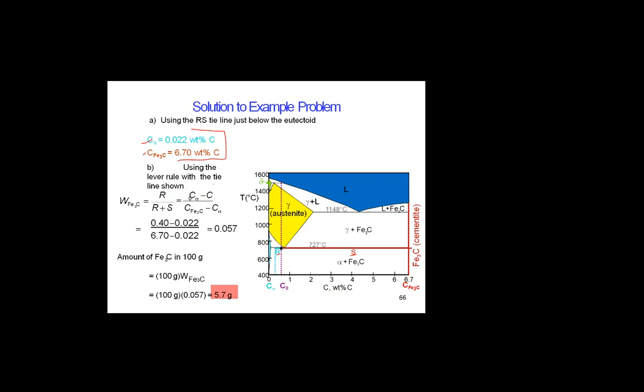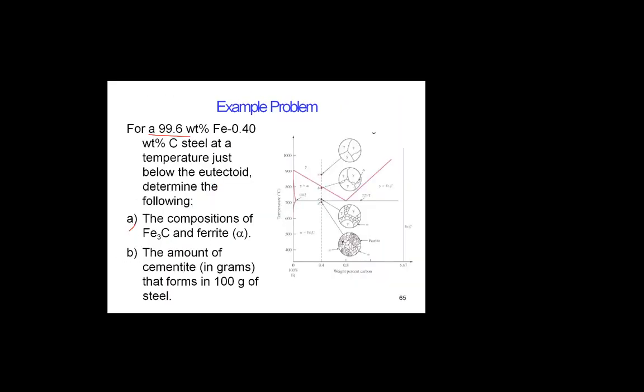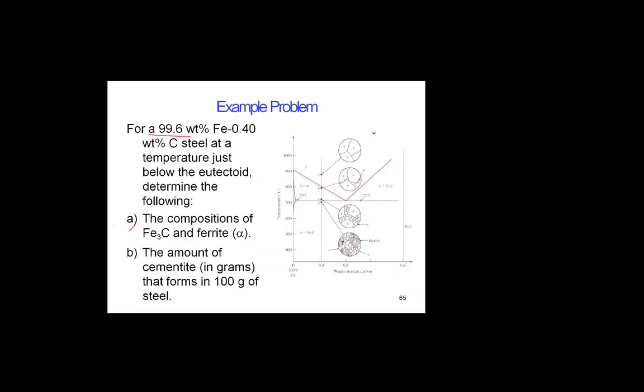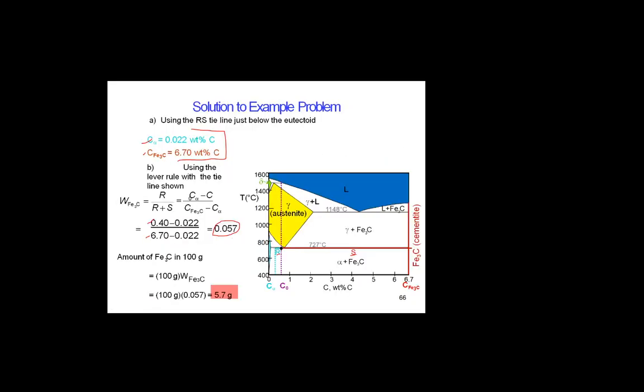Now we are solving the second problem: the amount of cementite in grams that forms in 100 grams of steel. So by this we can take the compositional changes, that is by the lever rule, and after applying the lever rule we can find the various points of the RS system, and with respect to that we can find the percentage of cementite available.